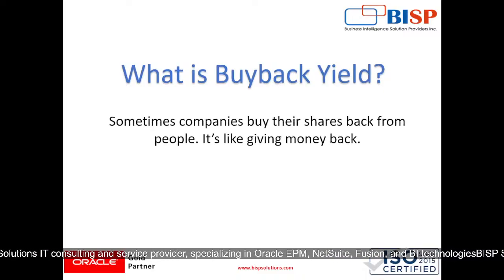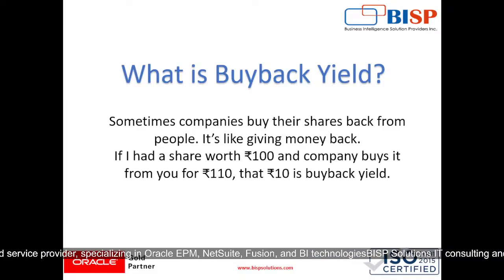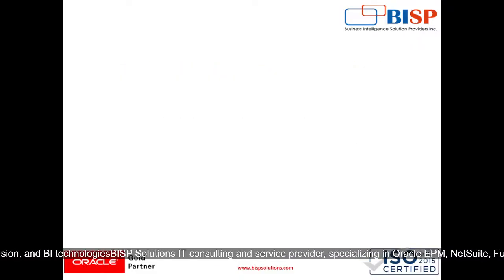So sometimes a company buys its shares back from its people. It's like giving money back. So if I had a share worth 100 rupees and my company buys it from me for around 110, that 10 rupees is the buyback yield for the company, right?